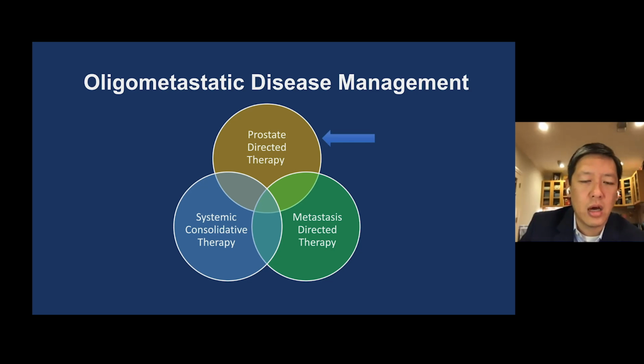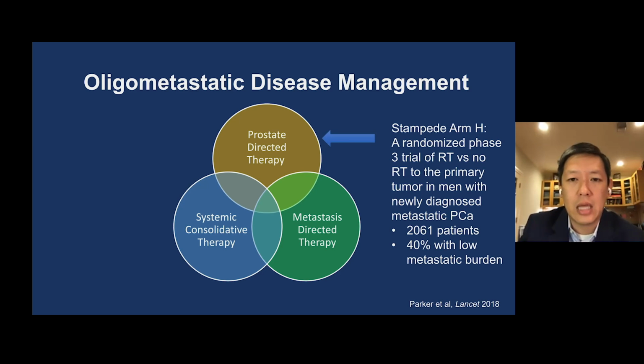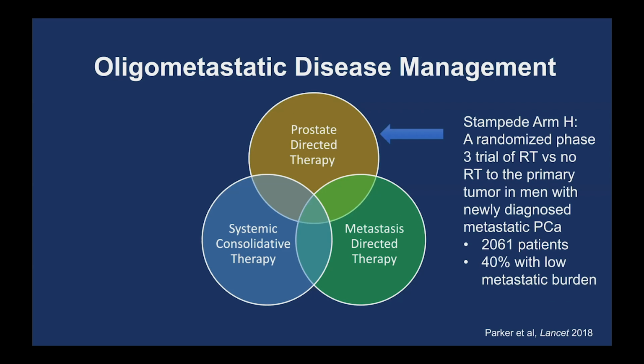And so I'm going to first talk about treatment directed to the prostate in patients with limited metastatic disease. And in that context, there's actually a randomized phase 3 trial in this space of radiation versus no radiation to the primary tumor, meaning the prostate itself, in men with newly diagnosed metastatic prostate cancer.